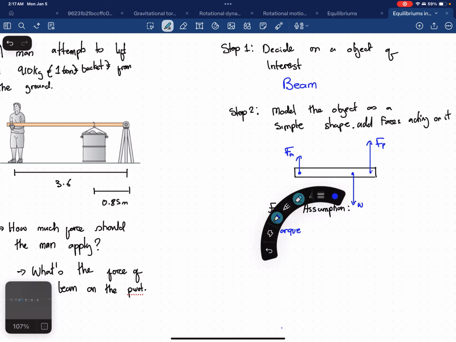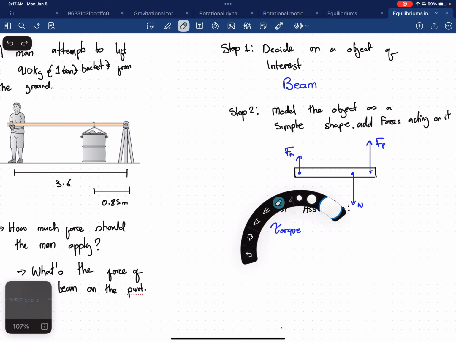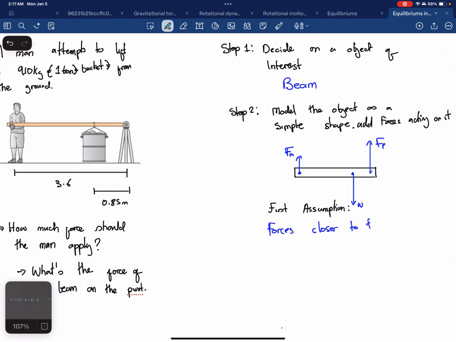Okay, sorry guys, apologies, I was blanking. So, forces closer to the pivot are greater in magnitude than those away from it.